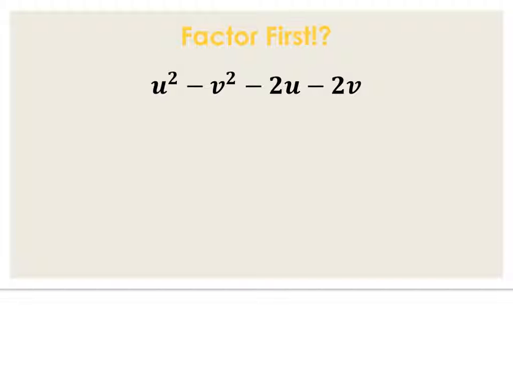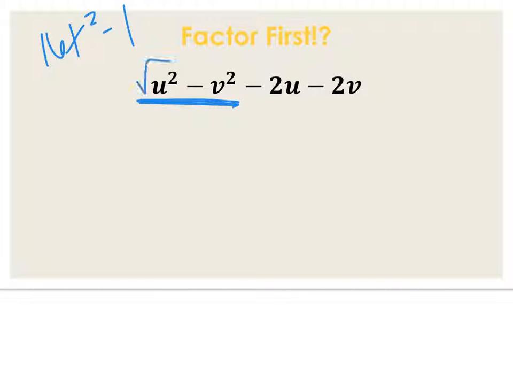Sometimes, when you have 4 terms and you want to factor by grouping, you're going to have to actually factor another way first. You're still going to do factor by grouping because it is 4 terms. But this guy right here, when I first did this problem multiple times, I failed to realize this is the difference of 2 squares. This is the same as this.